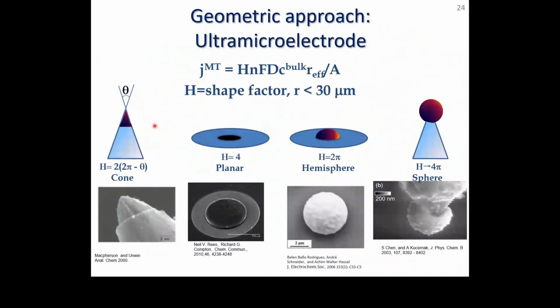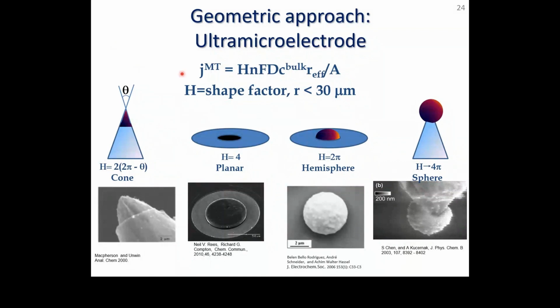Now the last large-scale or significantly used approach I'm going to talk about is one which involves a geometric change. So in this system we don't actually flow the electrolyte. The electrolyte is static. But now what we do is we shrink the size of the electrode. And this is the case of what are called ultra-microelectrodes.